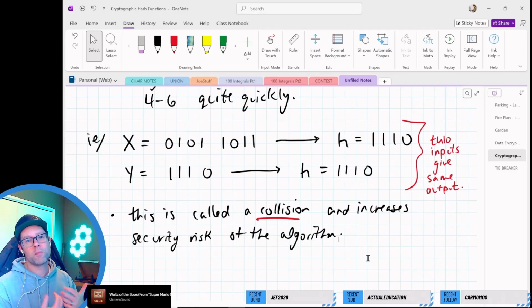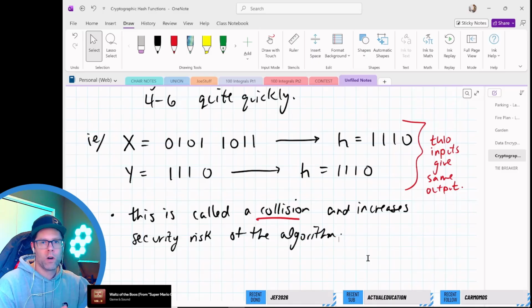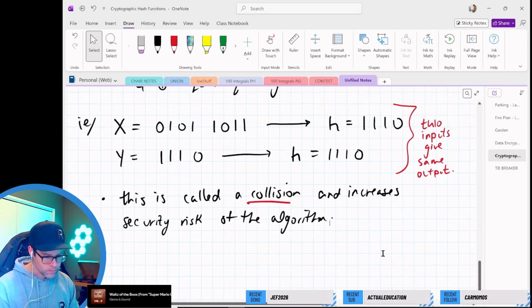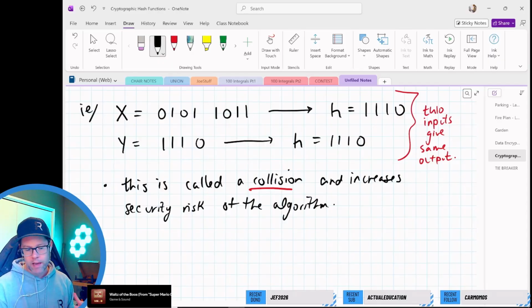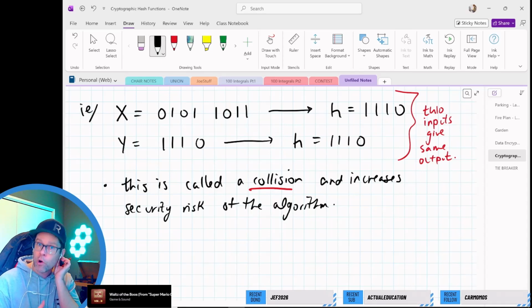Or did they just choose something else that happened to land on 1110? In either case, it's a problem with the integrity of the algorithm, right? The person in charge of storing the hash, maybe the bank, isn't really going to know the difference between these two passwords. So that's a problem from a banking perspective, or from a database storage perspective.